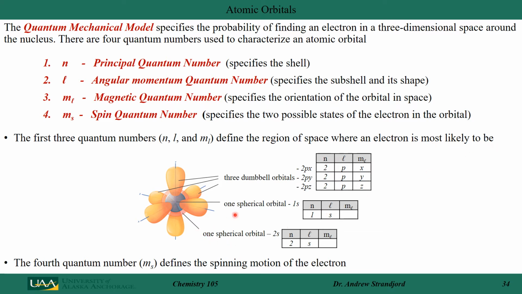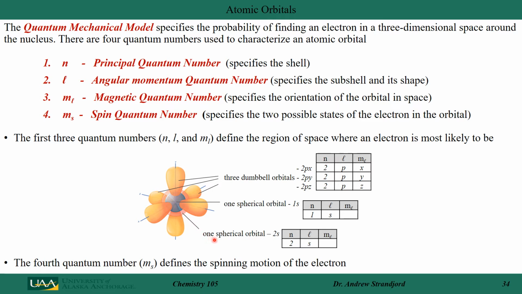Let's start off with the 1s level, where my principal quantum number is 1, my angular quantum number is L, and that's an S in this case. The S means spherical. So I have a 1s orbital. It's in the first shell and it's spherical. If I go out to the next shell, I have several different subshells.